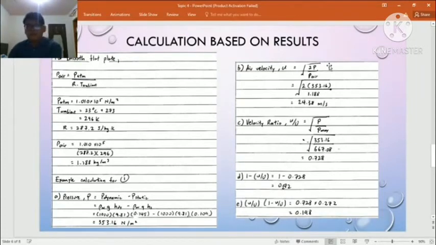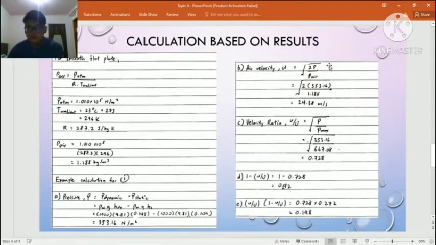Next, we'll find the velocity ratio for the smooth flat plate, which is using the formula of square root p over p max. P max we can get from the result table, where we choose the highest pressure that we have obtained from the experiment.